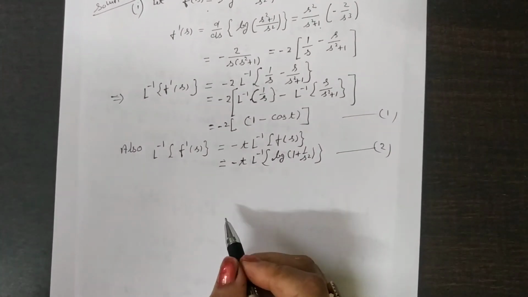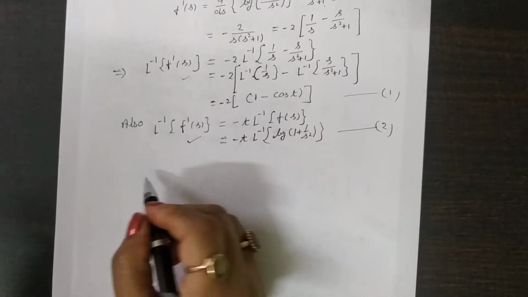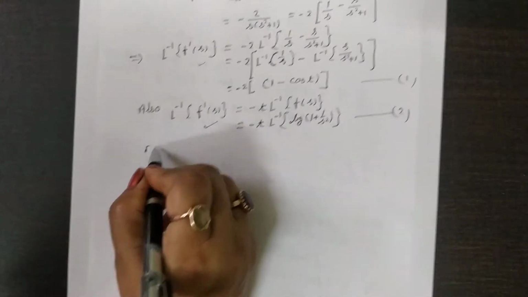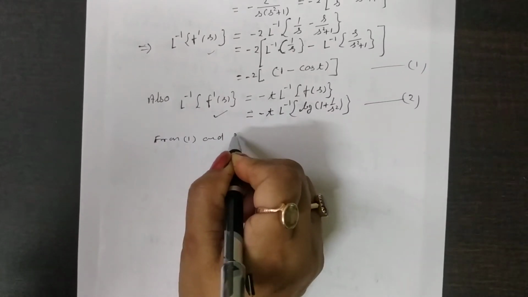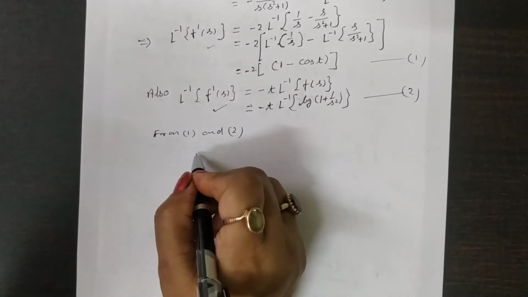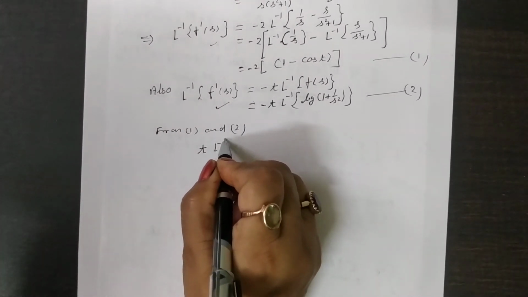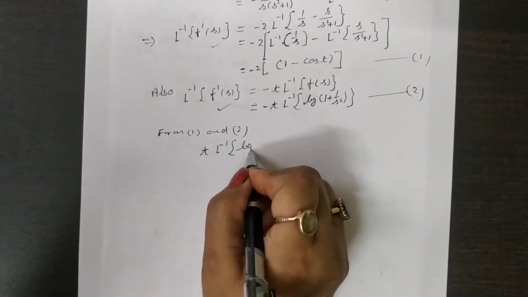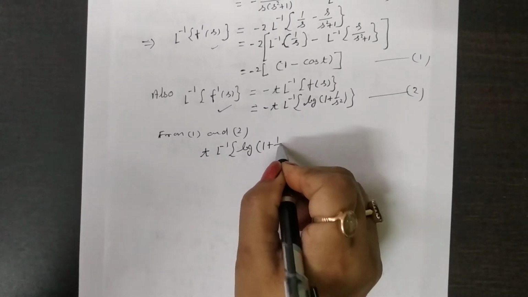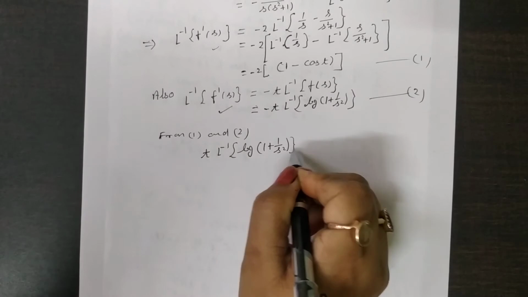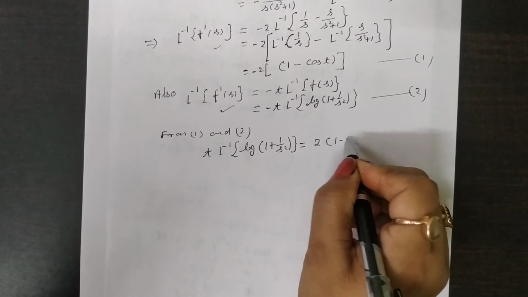Now from equation number 1 and 2, you can substitute: minus t times Laplace inverse of log(1 + 1/s²) is equal to minus 2 times (1 minus cos t).